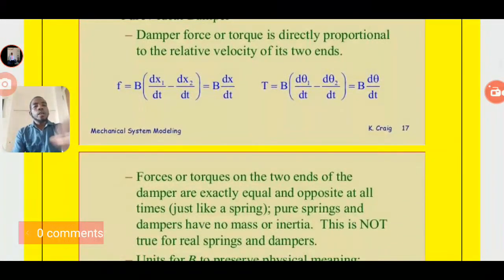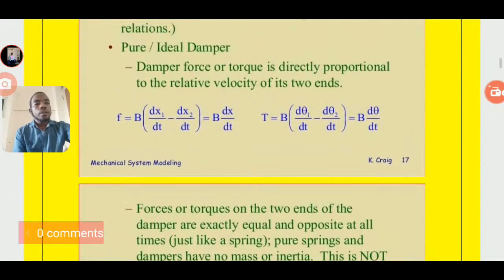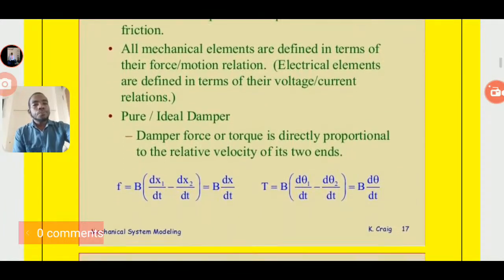We can represent this with the formula F = B(dx1/dt - dx2/dt), which equals B dx/dt. For torque, capital T = B(dθ1/dt - dθ2/dt), which equals B dθ/dt.